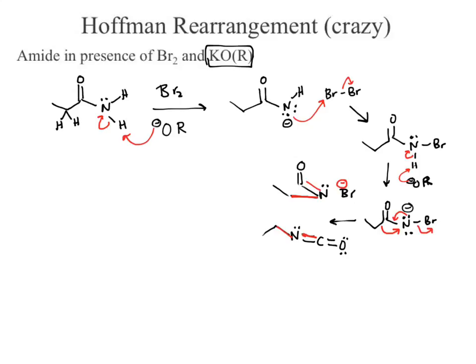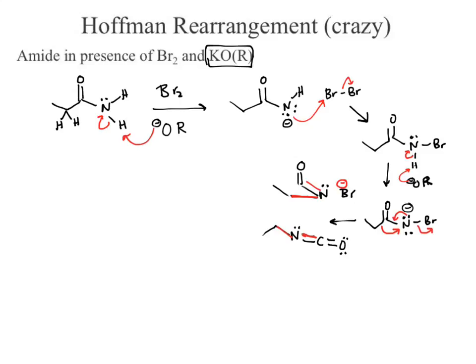Okay, now what happens? Well, you look at that structure. What do you think? Stable? Unstable? Unstable. Why is it unstable? That carbon in the middle is attached to two very electronegative elements.